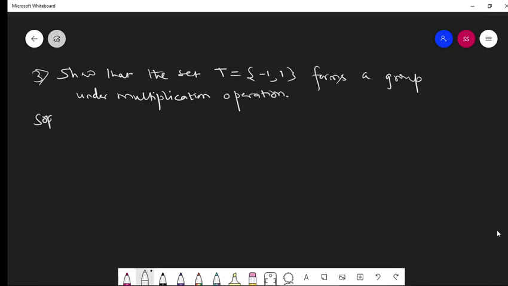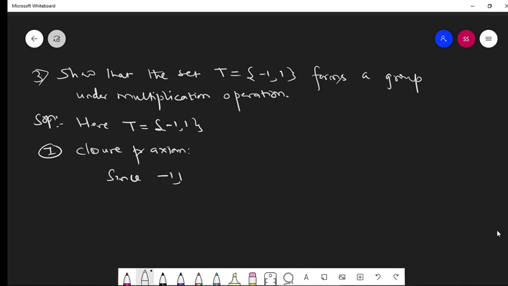So the solution for this question is, firstly here we have given T equals {-1, 1}, and firstly we move to the first property, the closure axiom.